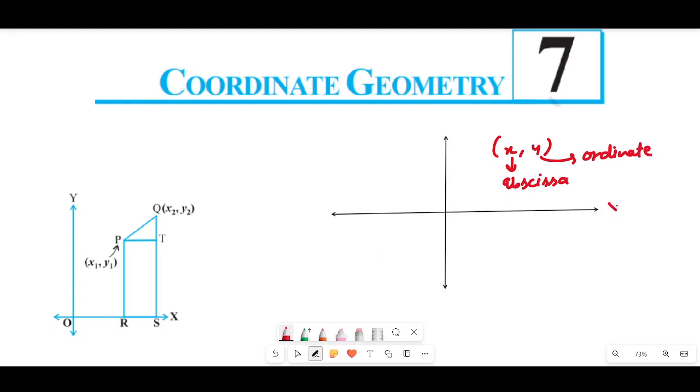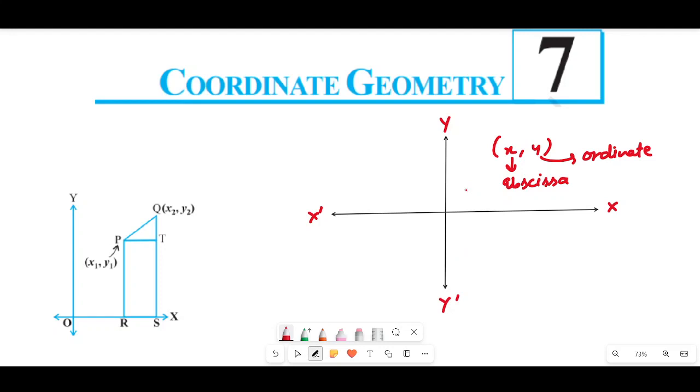Do you know this is the xy plane, and this is the x dash x axis, this is y dash y axis. Here if we move then we get plus and here we will get minus, here we will get plus, here we will get minus.